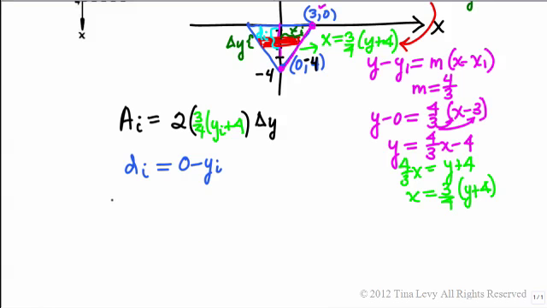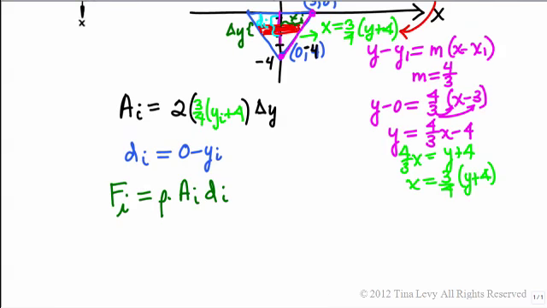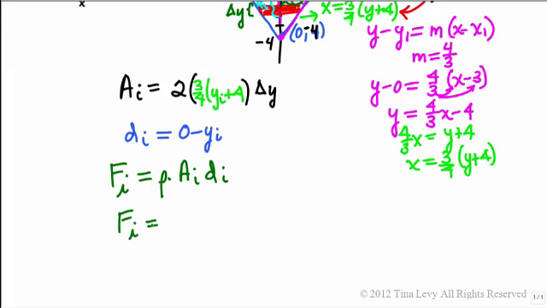Okay guys, so now we get the force exerted on that typical rectangle, which is density, area of that typical rectangle, and distance from the surface. So F sub I is the density of water, which is 62.5.